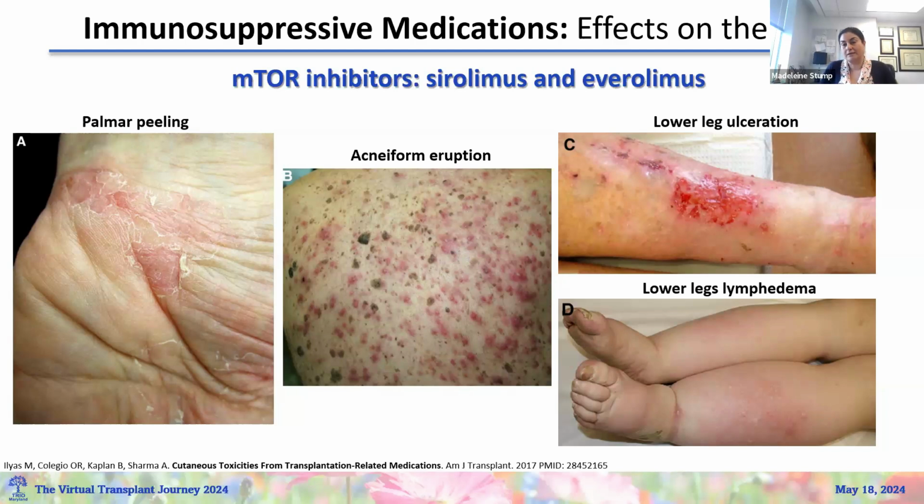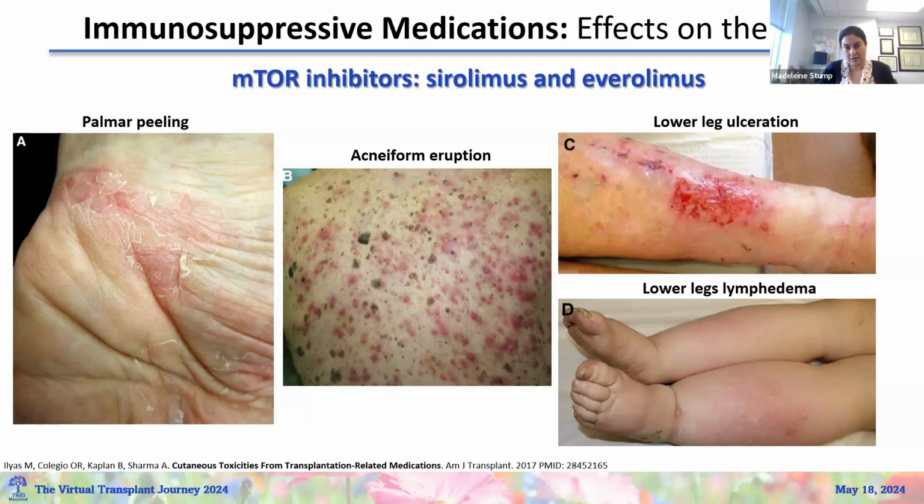So that's common. The other thing that happens with the mTOR class of immunosuppressive medications is swelling of the feet and dependent extremities. The bottom picture here on the right shows you a condition called lymphedema. This is due to blockage of the lymphatic drainage.